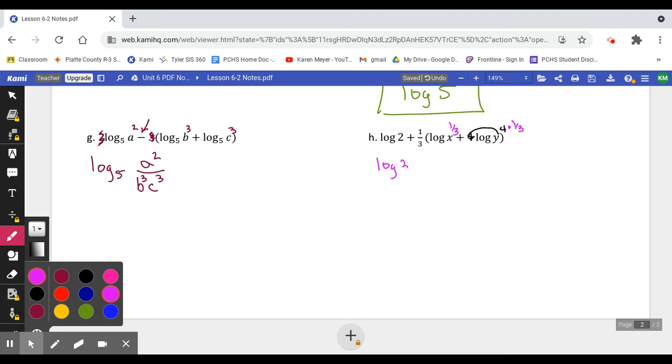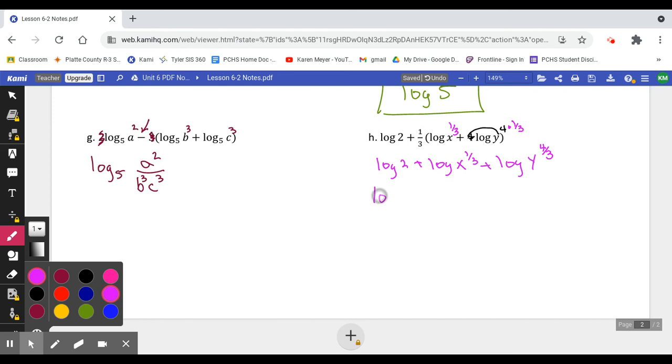So I'm looking at log 2 plus log X to the 1/3 power plus log Y. And then 4 times 1/3 is actually just 4/3.